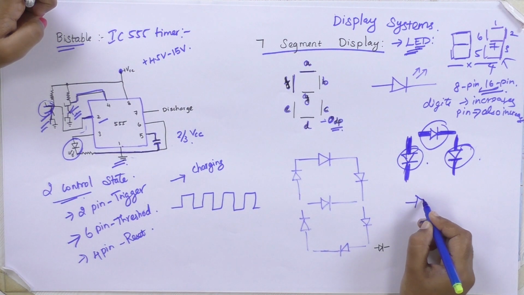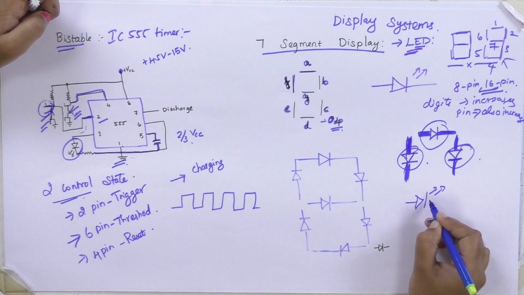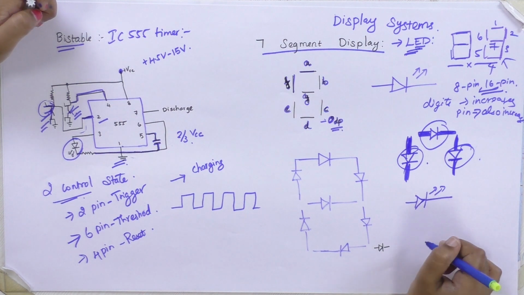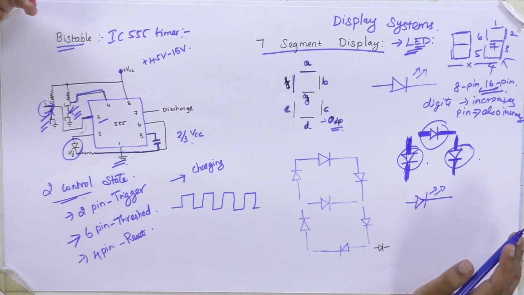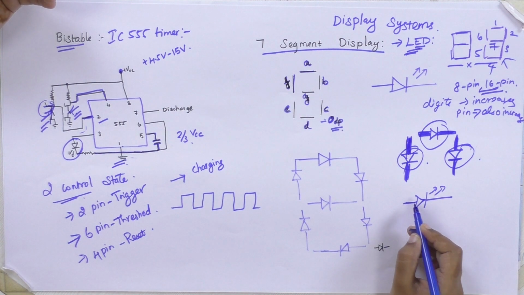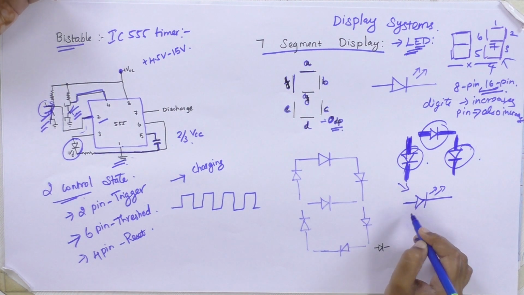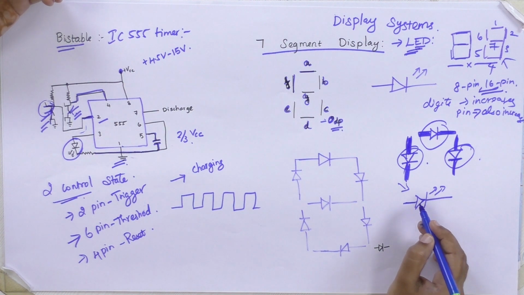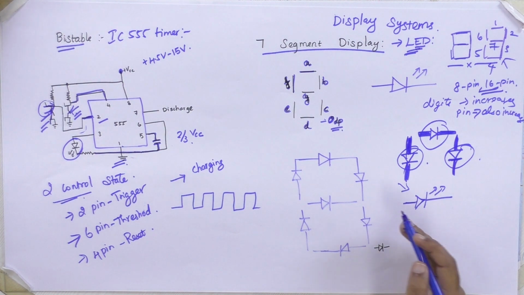How does your LED work? It is based on the principle of the photoelectric effect, we can say. In the photoelectric effect, when you give light energy to the electrodes, the electrons flow from anode to cathode.